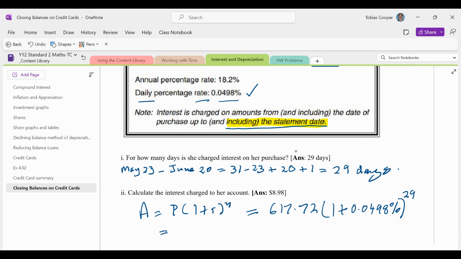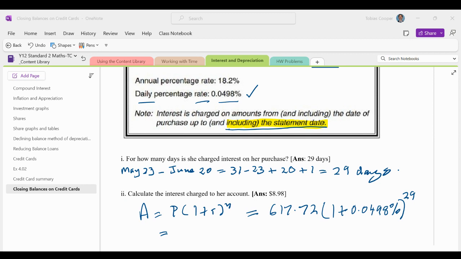Now, put it into your calculator. Let's have a little calculation here. So 617.72 brackets 1 plus 0.0498% to the power of 29. Okay, this is going to give you 626.70.